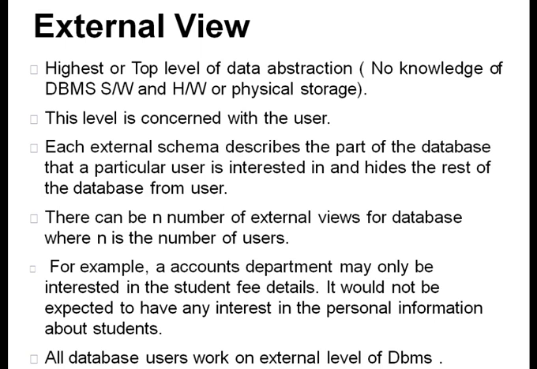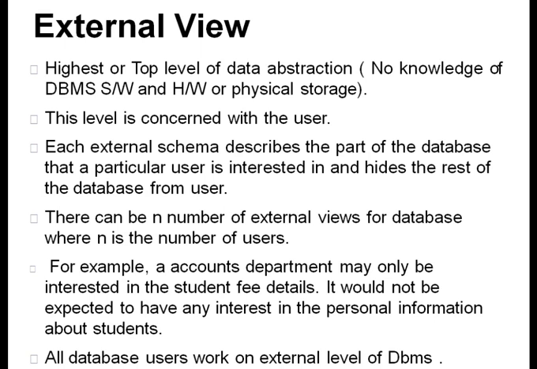Each external schema describes the part of the database that a particular user is interested in and hides the rest of the database from the user. We take the earlier example of the university and the examination department. In this case, the interested part of the database is only shown to that particular user of the examination department. All other parts of the same database are hidden from that user.